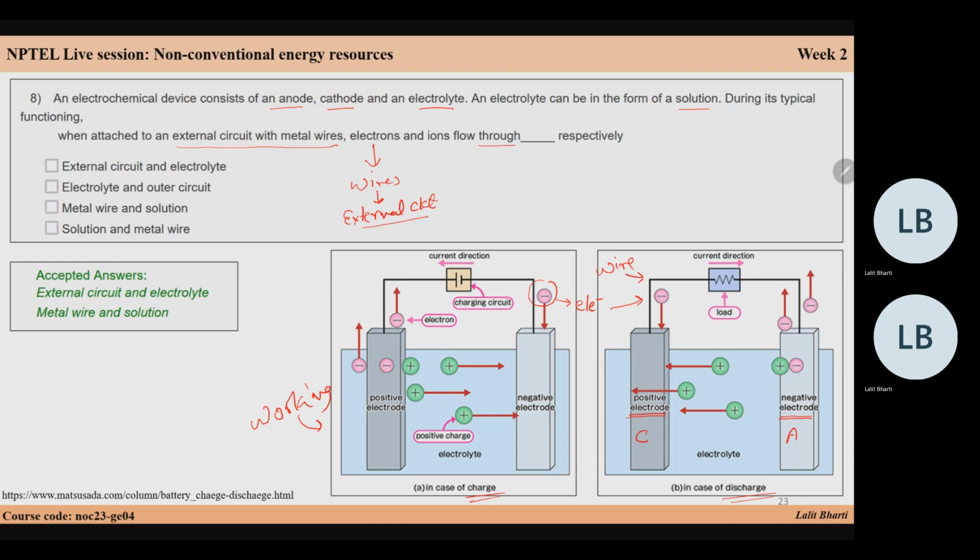In the opposite way of electrons, the ions also move, but the ions move inside the electrolyte, from either anode to cathode or cathode to anode. So these are the moving ions. So we can say yes, ions move within the electrolyte.